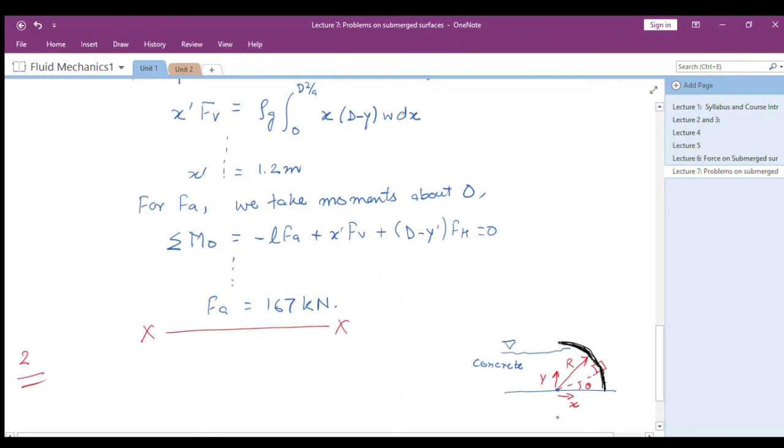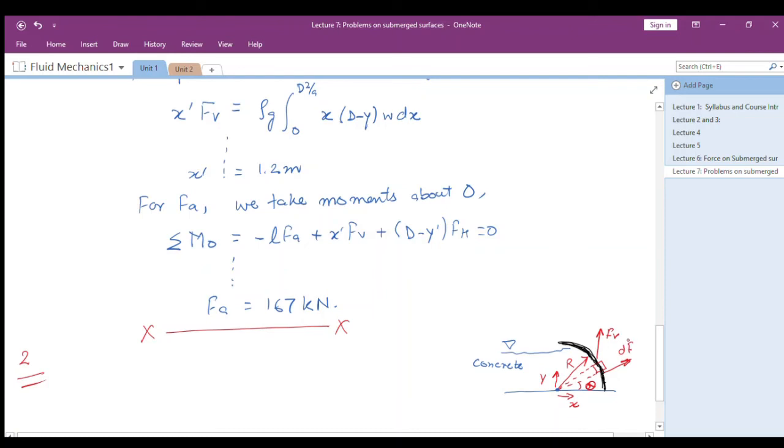Located at theta, of certain thickness, I can say that my vertical force which is acting is like this, Fv, and overall force, elemental force, is dF.